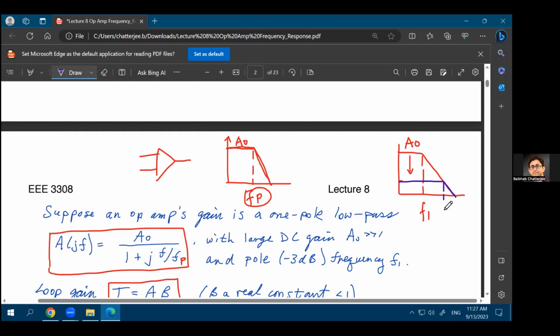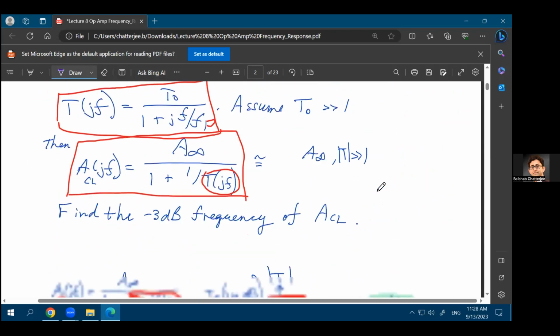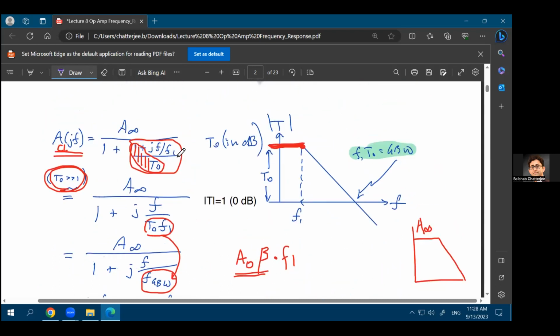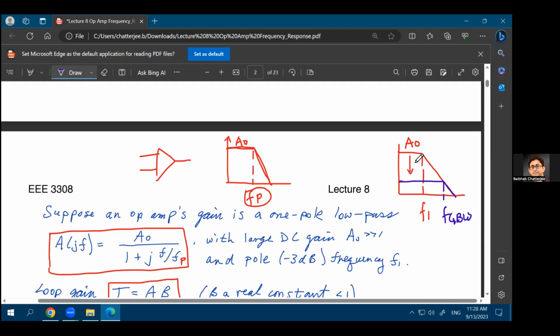And this will be your FGBW, or basically T naught times F1. So effectively, you'll see that your DC gain, or zero frequency gain, reduces by T naught times, and your bandwidth increases by T naught times.